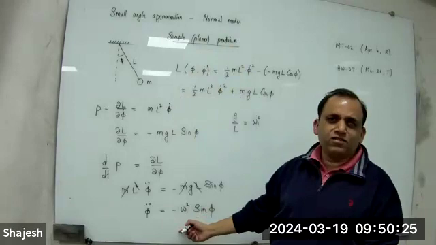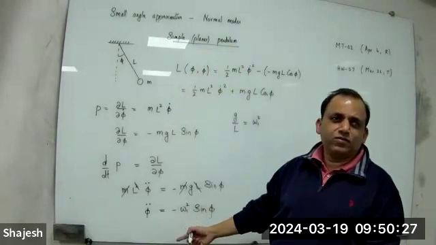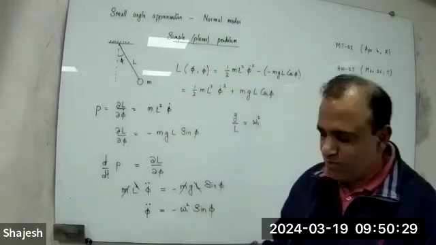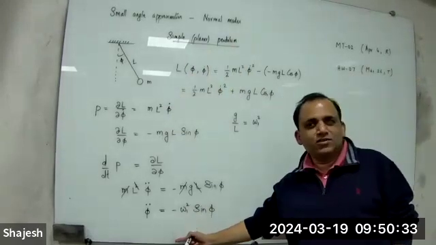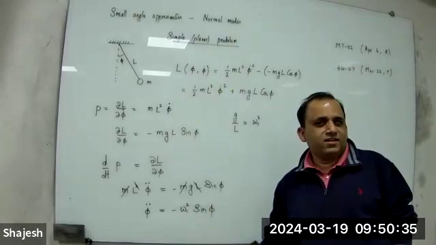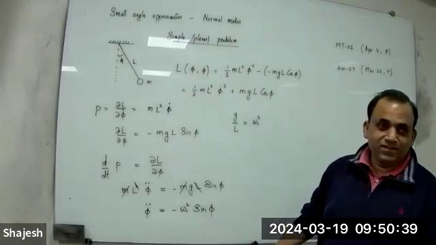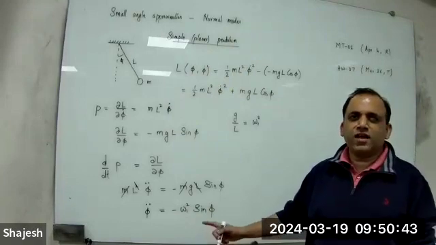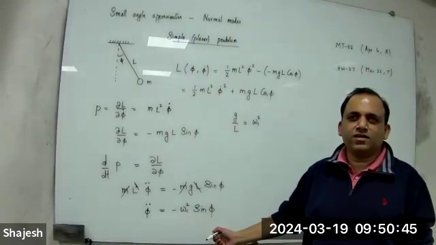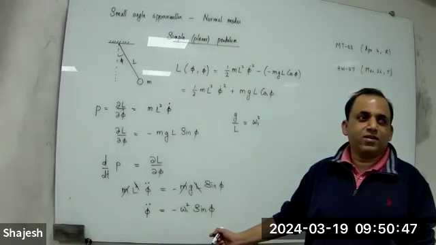What's the solution for this? Actually, maybe I should wait for one more minute. What are the solutions for this? Any? No? Why not? Manuka says the solution is sine omega t plus cosine omega t.